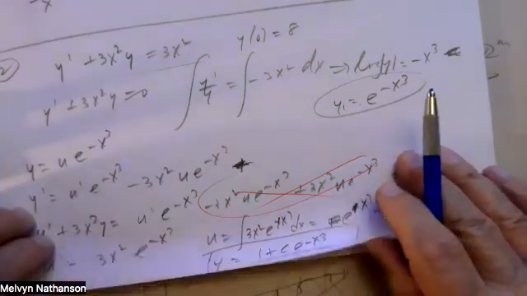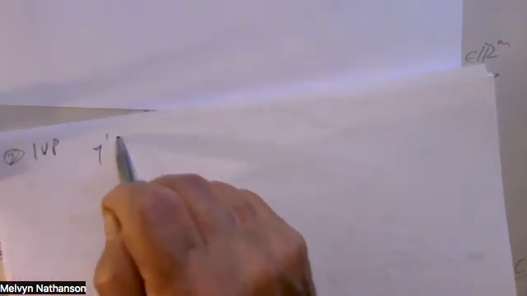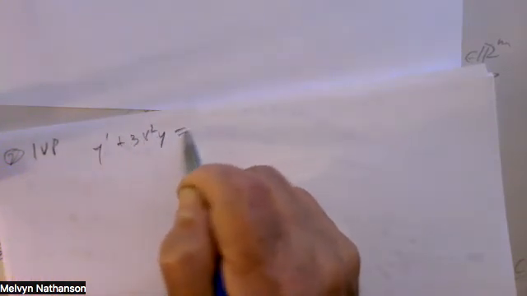So again, let me just check to see if this is correct, because I'm always questionable about these things. So I want to solve the initial value problem, y prime plus 3x squared y equals 3x squared.